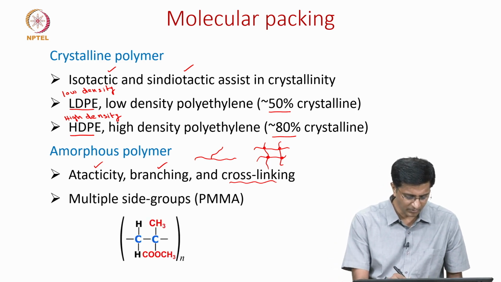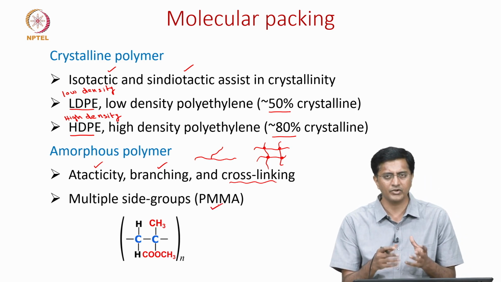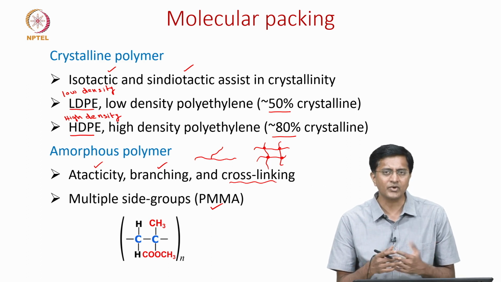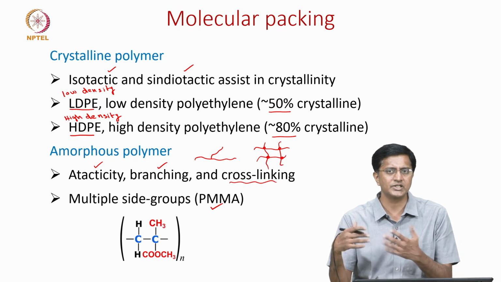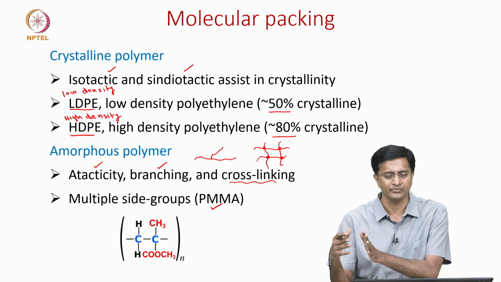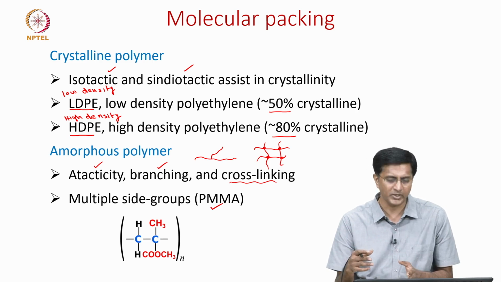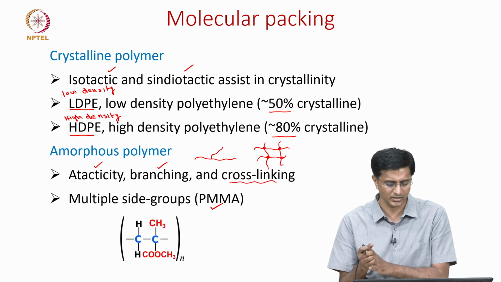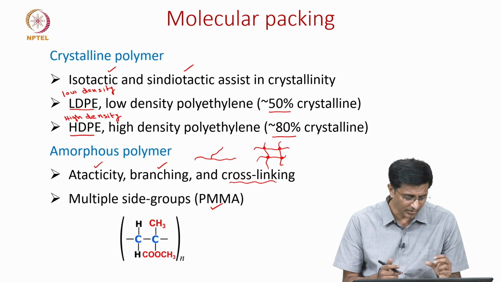An example we will talk about is PMMA, which is a hard plastic, and the commercial name is plexiglass. The reason they call it plexiglass is that it is used to replace glass, because it is transparent and strong. Most of these plastic windows are made with PMMA, and there are other polymers like this, like polystyrene.